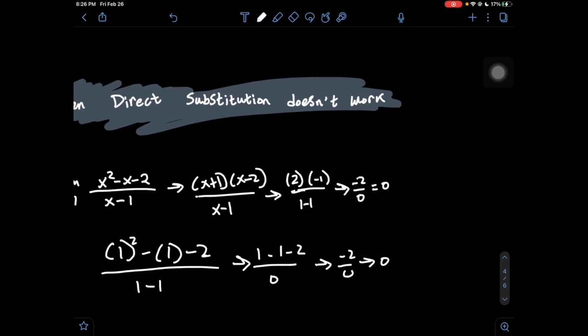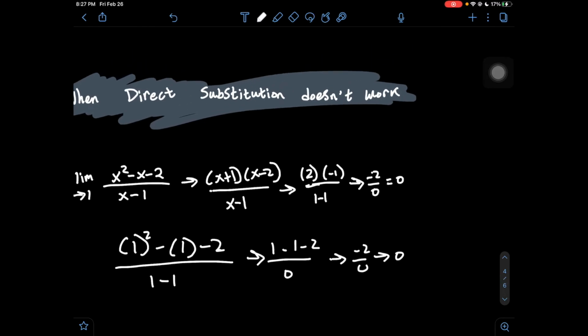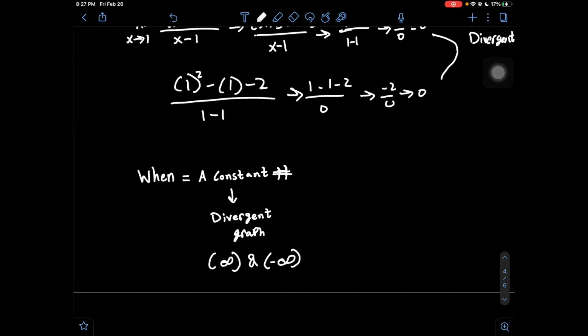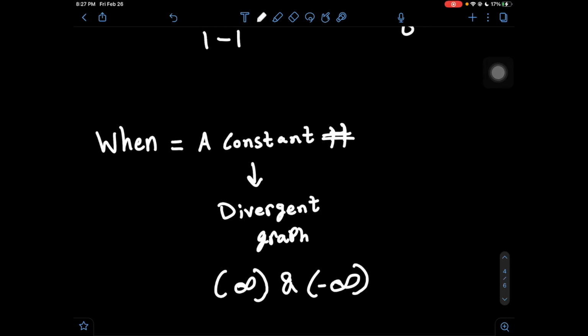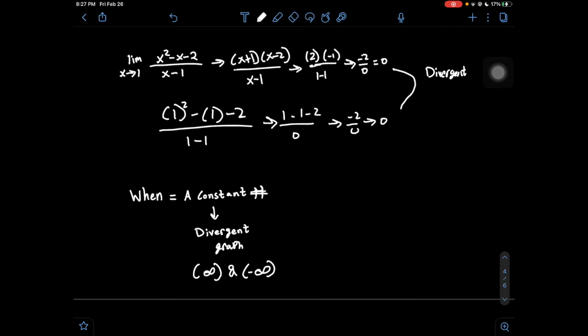When you have a denominator of 0, and we're trying to approach 1, we keep getting the same problem. This just means we have something called a divergent function or divergent graph, meaning that the limit of this graph is actually infinity. So let me write that.